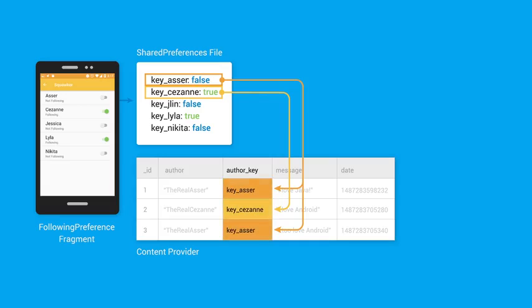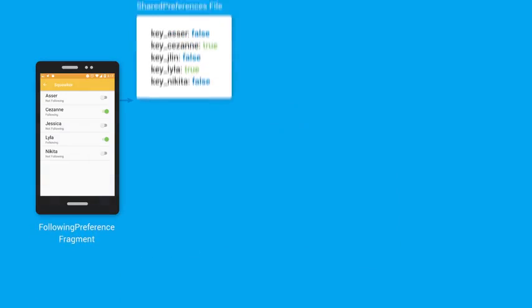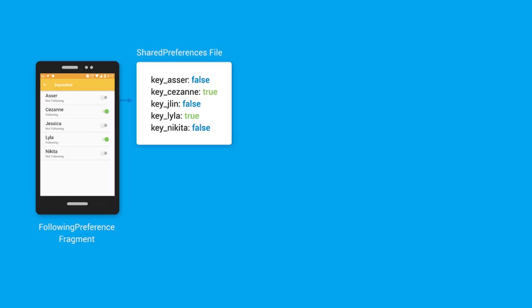So, the flow to determine what Squawks to show looks like this. I look at the shared preferences file, which is set by flipping switches on that following preference fragment. I then use the values from the shared preferences file in a method called createSelectionForCurrentFollowers. This method generates a SQLite statement which only selects the rows for the instructors I'm following.